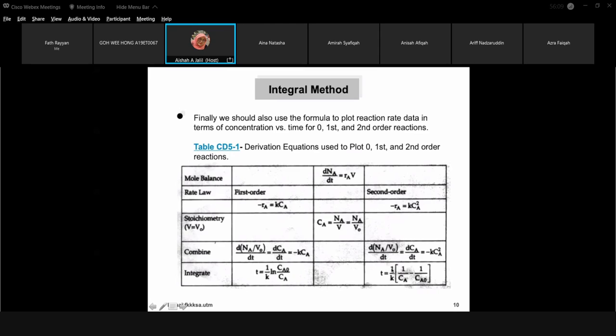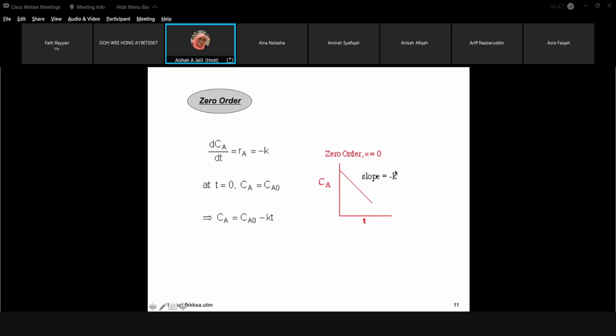Then you can get the combined one, equal to kCA to the power of 2. Same, but the t is like this one. To integrate, you get t equal to this one. Okay, that is the integral method.